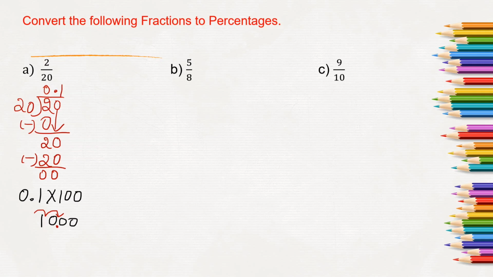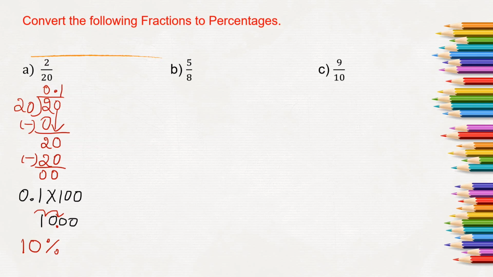After 2 digits, if we shift, it will be 10.00, which is nothing but 10 itself. So we got the answer as 10 and we'll put the percentage sign. So 2 by 20 is equal to 10%.